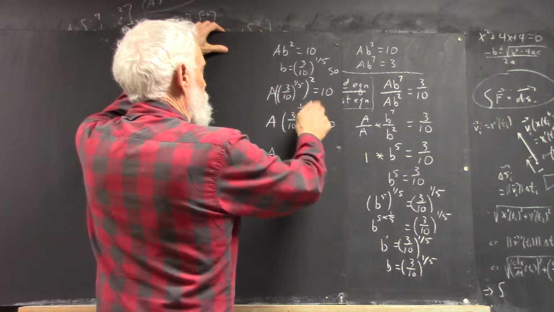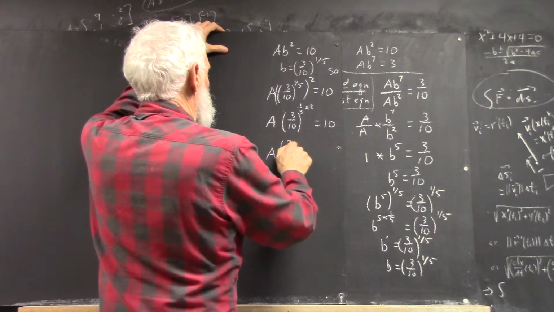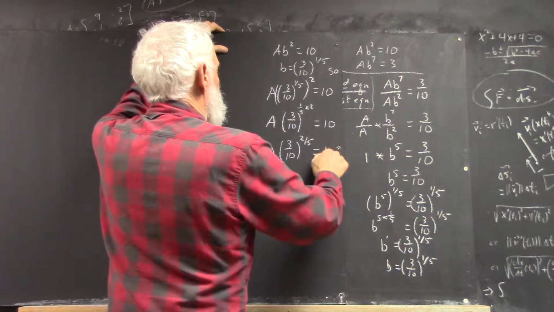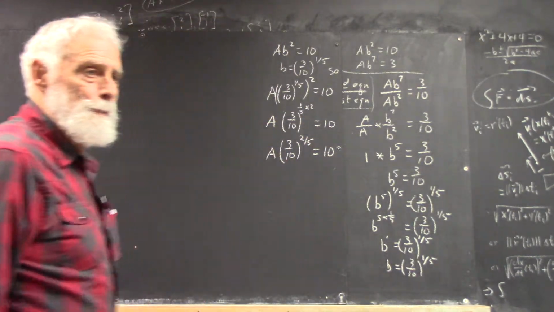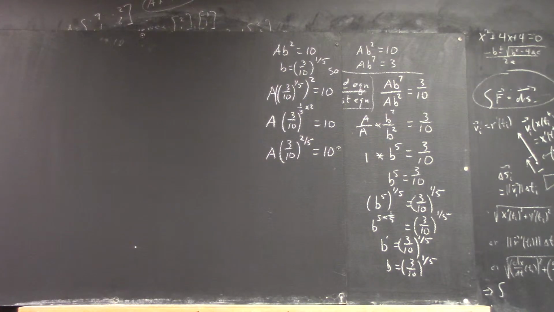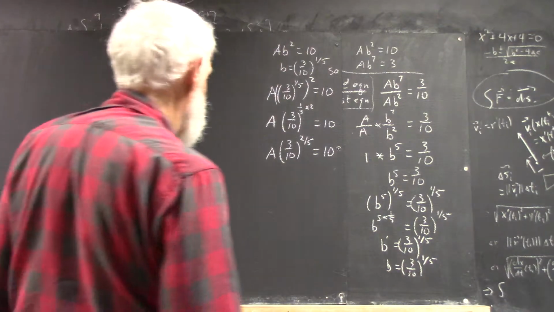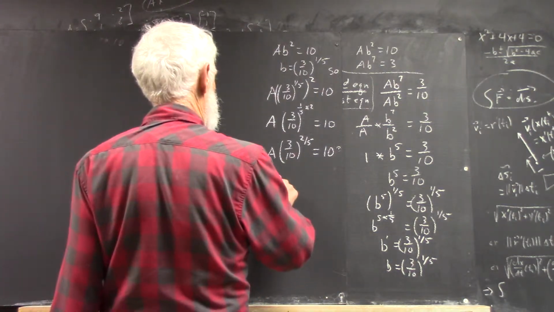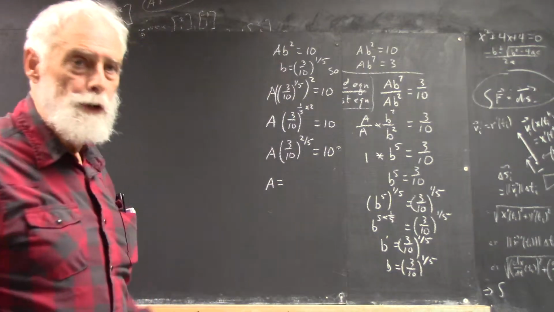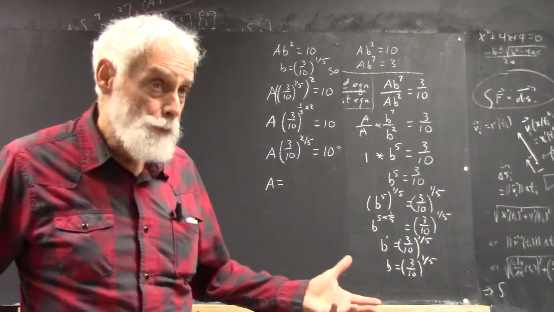Well, 1/5 times 2 is 2/5, so it's A times 3/10 to the 2/5 equals 10. Okay? So what does A equal? What are we going to do to both sides to solve for A?